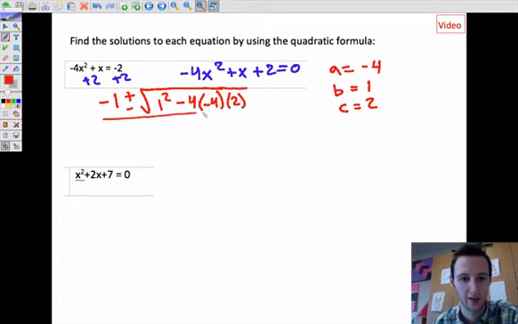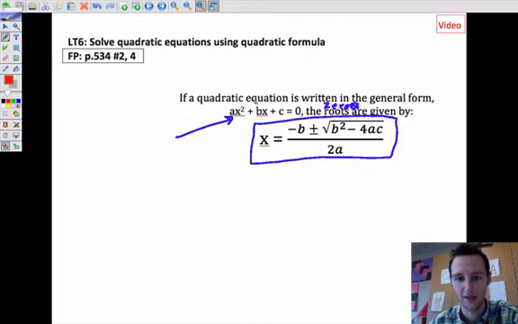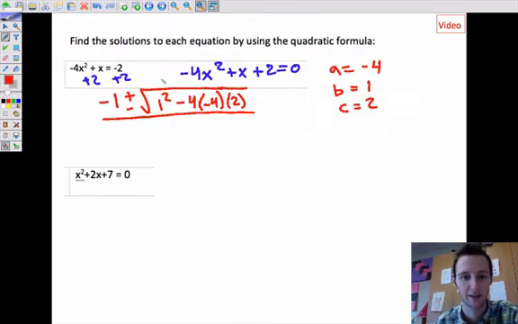And then that whole thing is going to be divided by 2a, 2 times a. So this whole big long equation right here will give us the x-intercepts or the zeros or the roots of this equation. Then all you have to do is just simplify it.